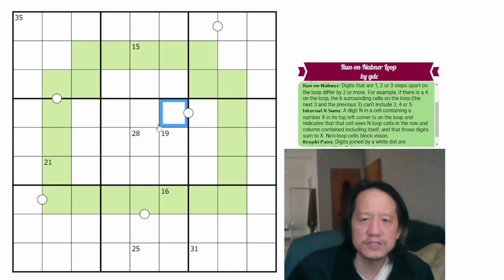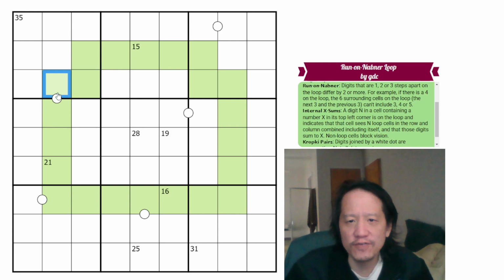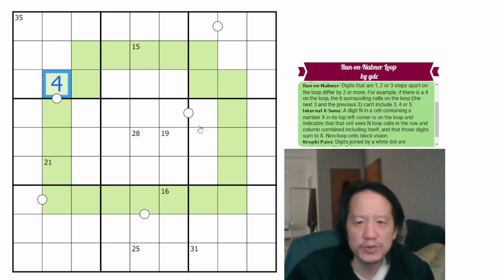Run-on-Nabner. Digits that are 1, 2, or 3 steps apart on a loop differ by 2 or more. For example, if there is a 4 on the loop, the previous 3 and the next 3 cells on the loop can't include 3, 4, or 5.